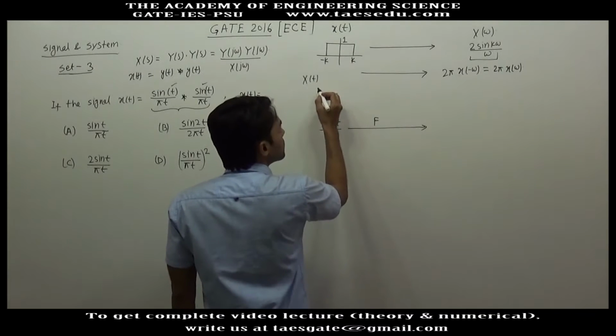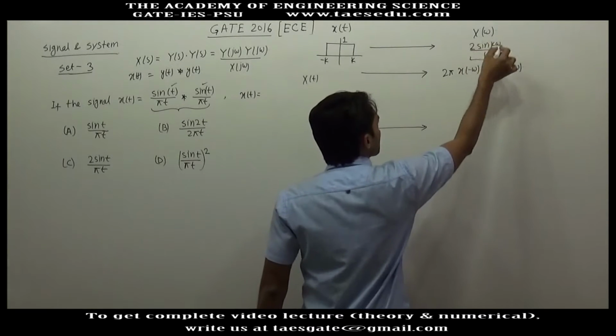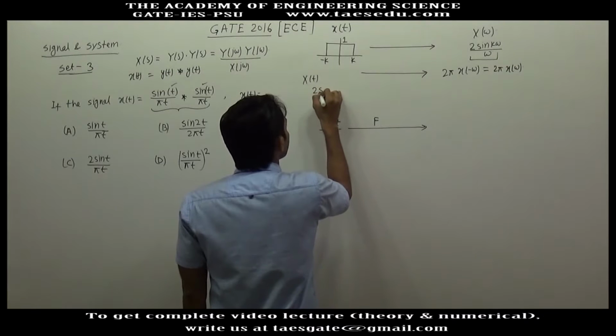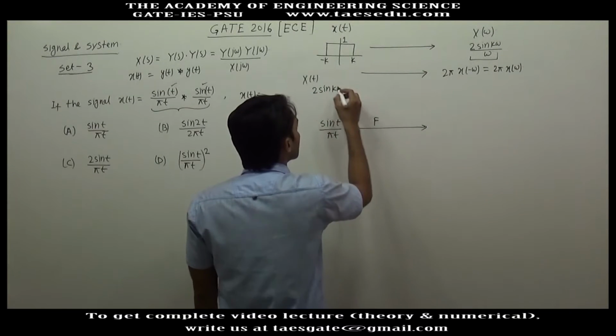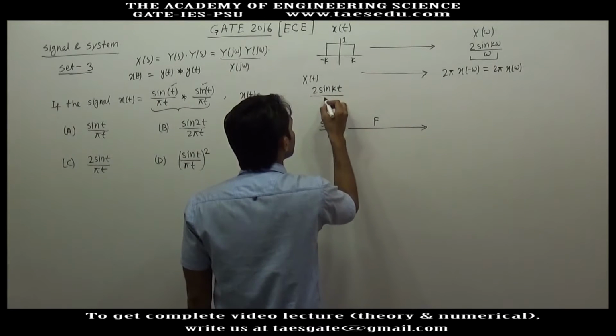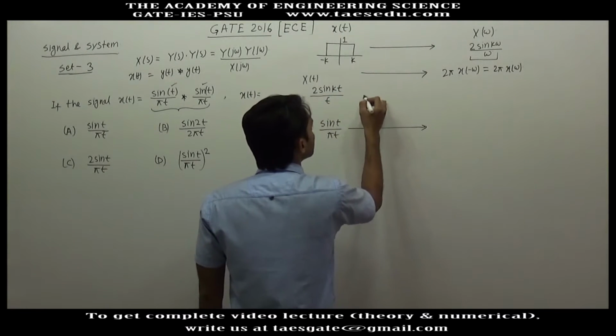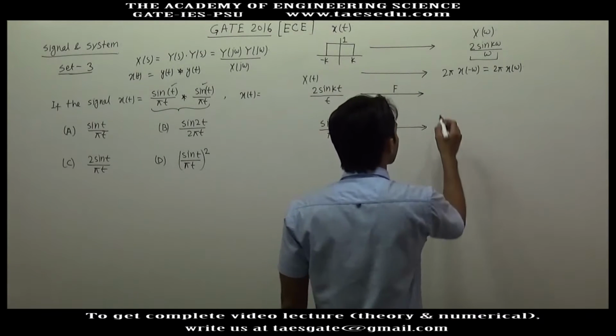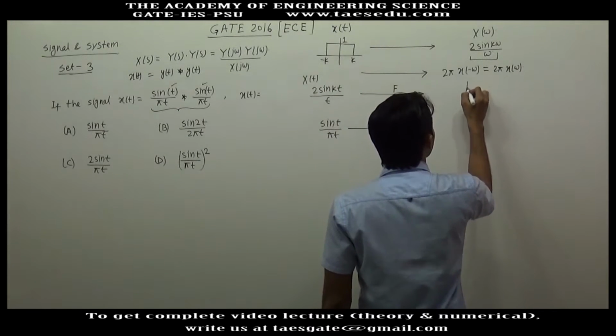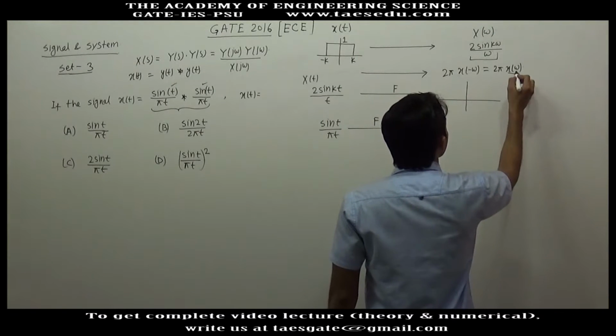Capital X is this type of function, so 2 sin k, at the place of omega we will have t here, 2 sin(kt) divided by t, and its Fourier transform will be x(omega).